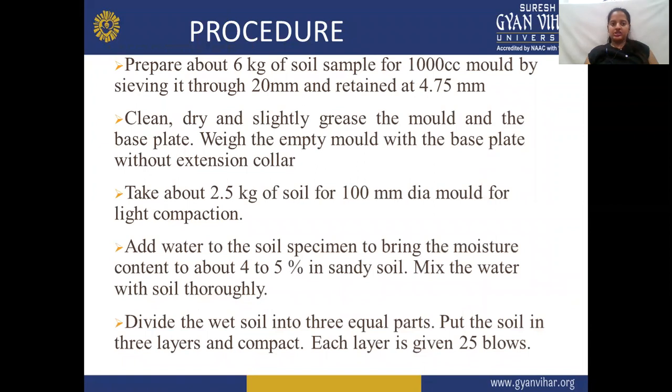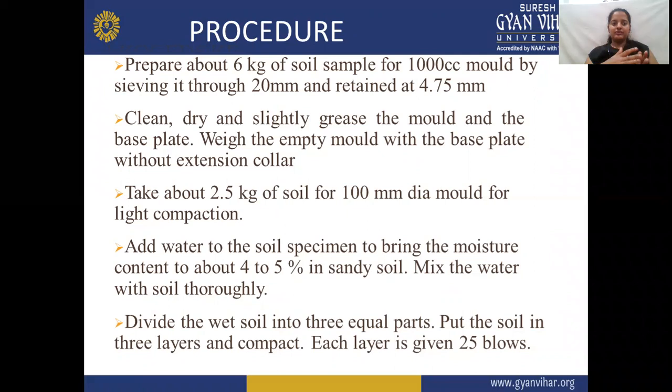So the procedure is to prepare about 6 kg of soil sample for the 1000 cc mold by sieving it through 20 mm and retaining it on 4.75 mm. So it should pass through 20 mm but be retained on 4.75 mm, smaller than 20 mm but larger than 4.75 mm.